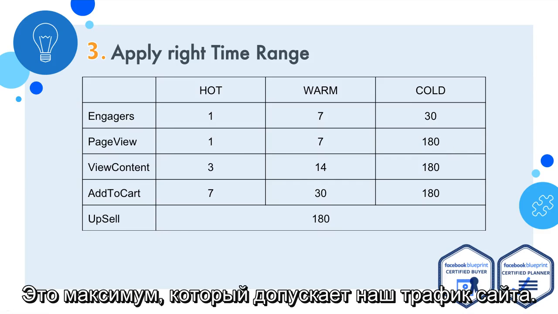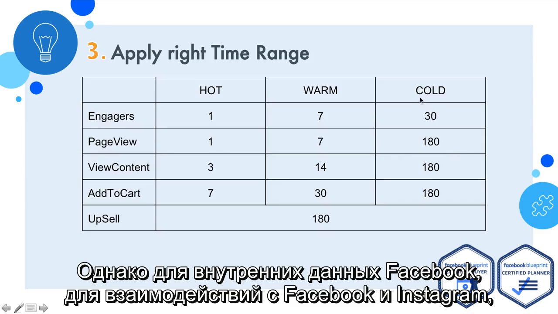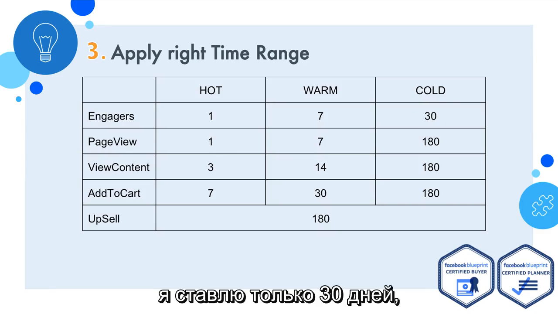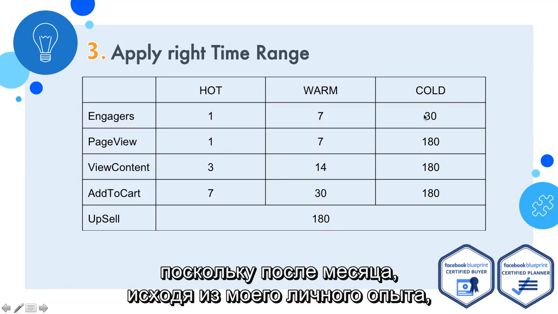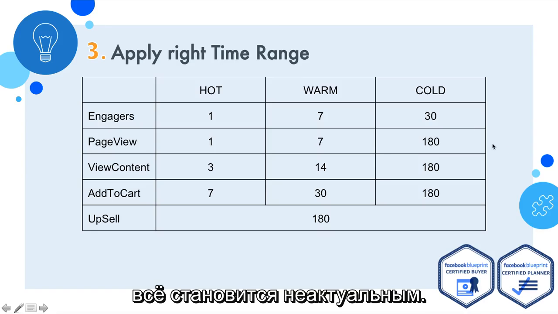That's the maximum that we can get with our website traffic. However, with the Facebook internal data for Facebook and Instagram engagers, I only go up until 30 days because after 1 month, based on my experience, it's not relevant anymore.